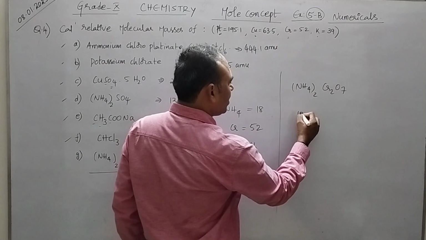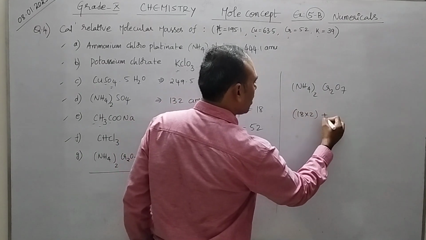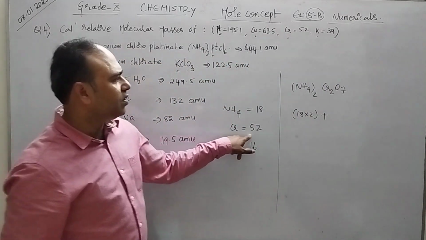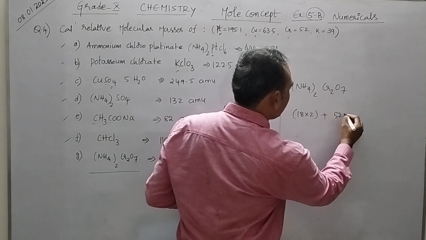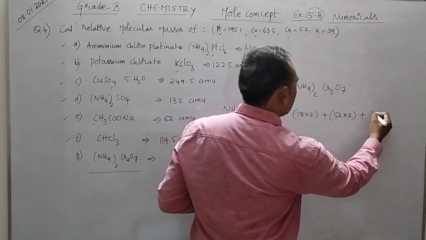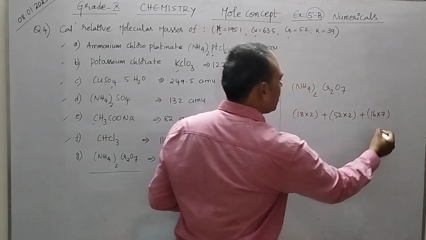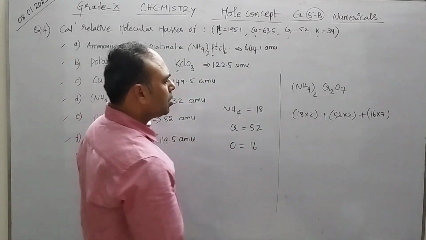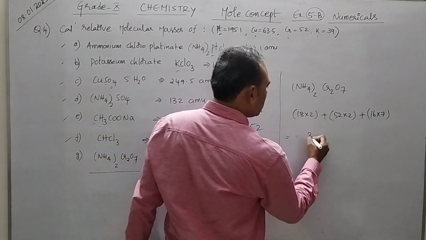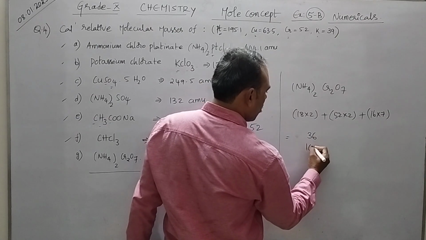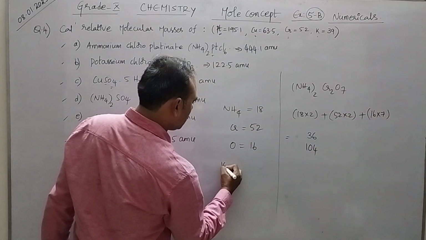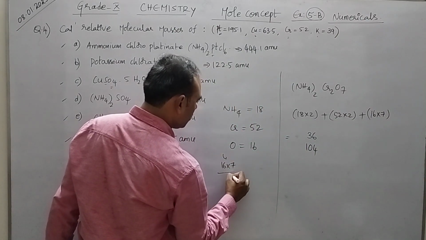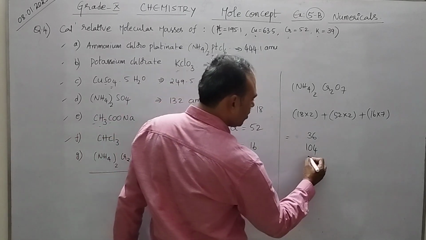So on taking this we get 18 into 2 plus chromium 52 and the number of atoms is 2, 52 into 2, plus oxygen 16, 7 atoms. So add all this: 18 into 2 is 36, this is 104, and 16 into 7, 7 6s are 42, 112.